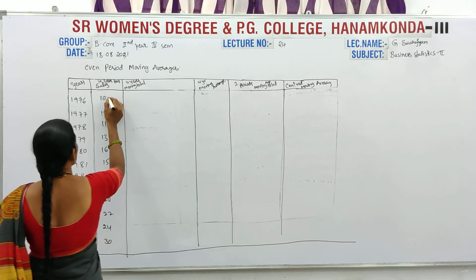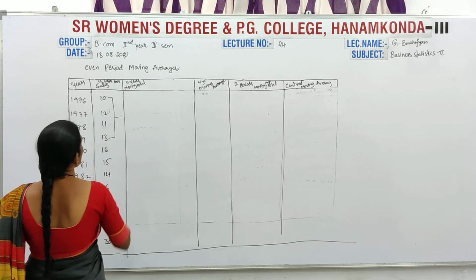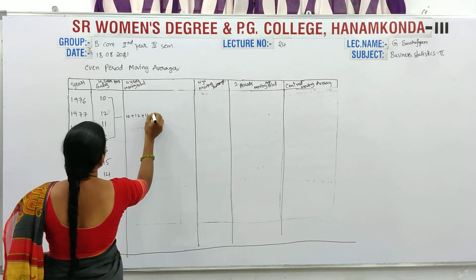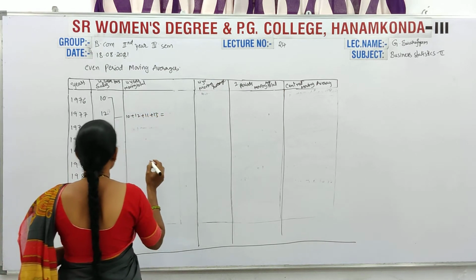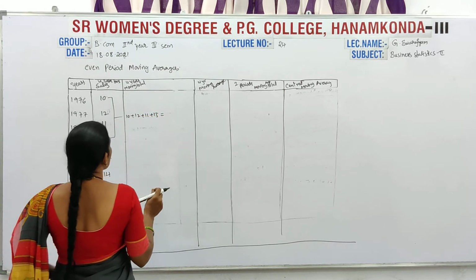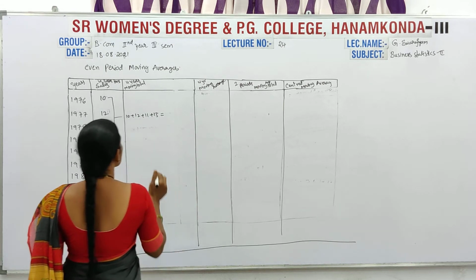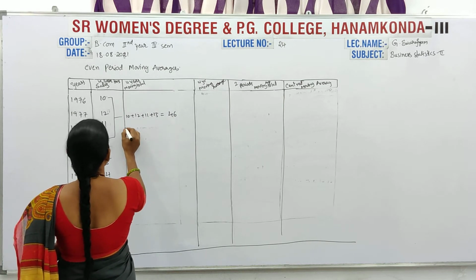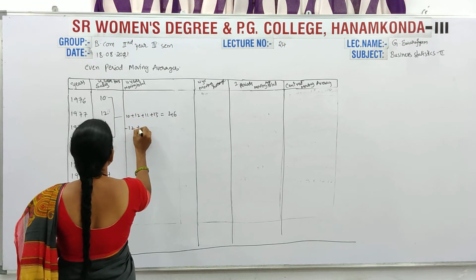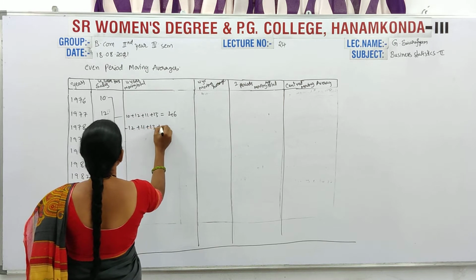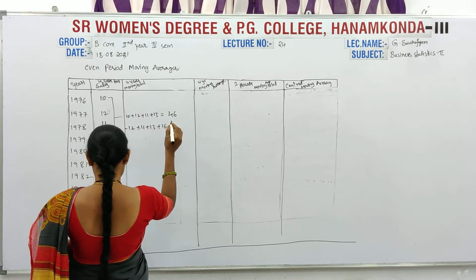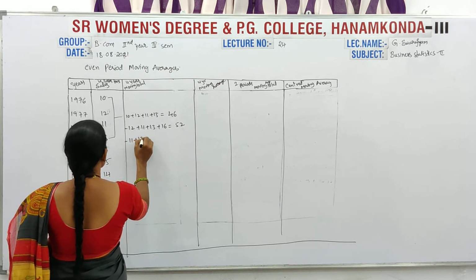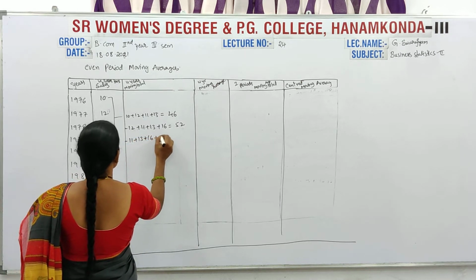So first 4 years, we have to write in this place: 10 plus 12 plus 11 plus 13. So here the total is 10 plus 12 is 22, 33, 46. Right? So here write 46. Next total, 12 plus 11 plus 13 plus 16. So here we write 52. Next, 11 plus 13 plus 16 plus 15.